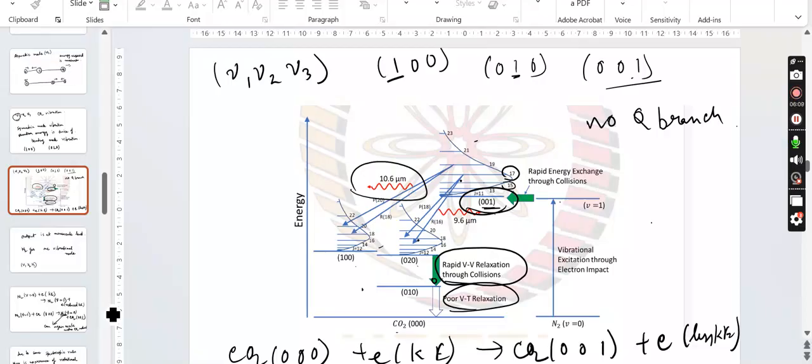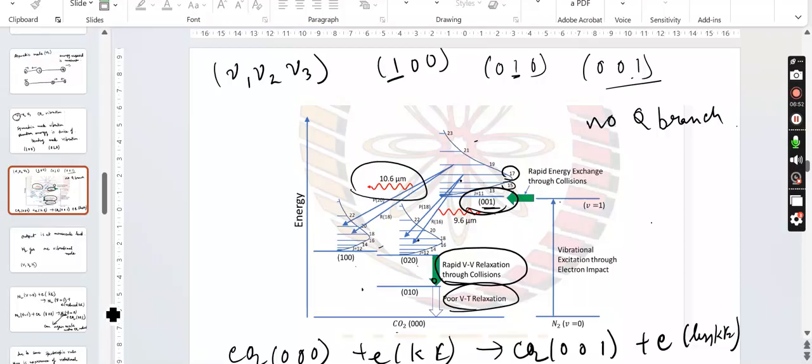We mix nitrogen because if only carbon dioxide is there and we discharge in this laser for pumping, not all the molecules will go to the 001 level.